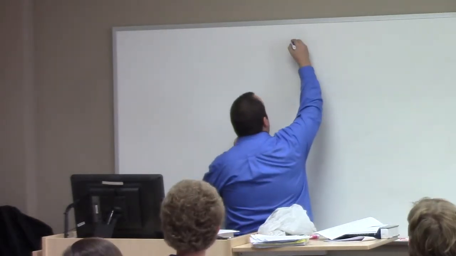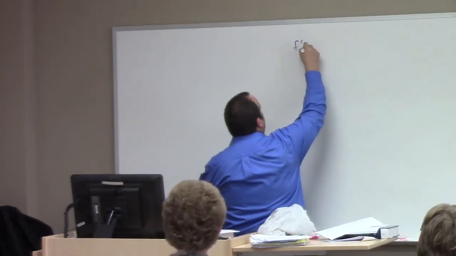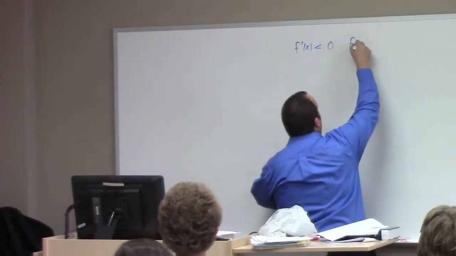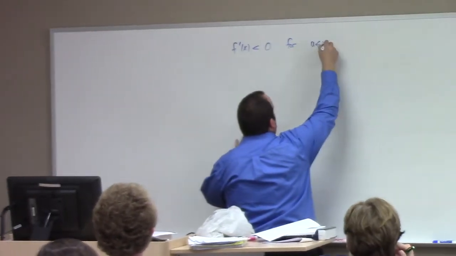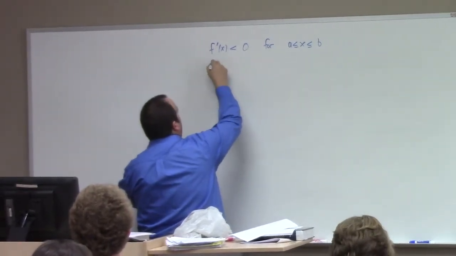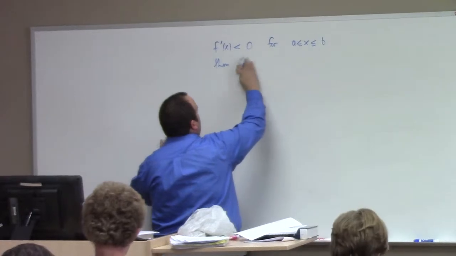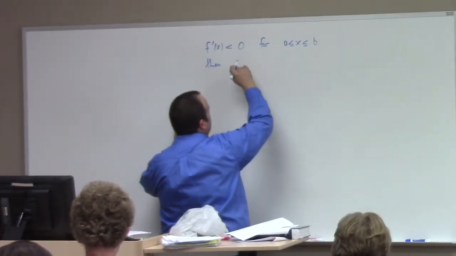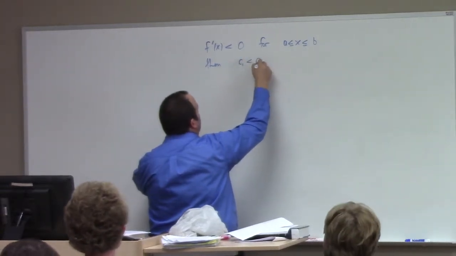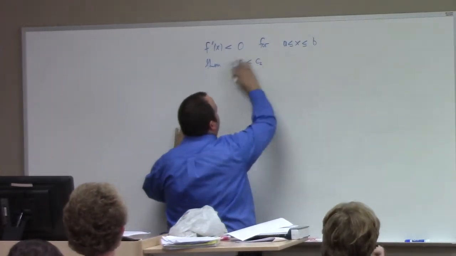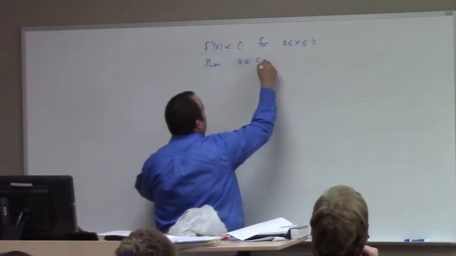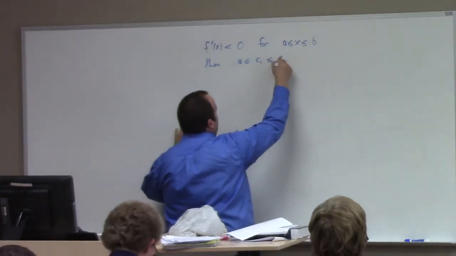So the basic idea is this, guys. If we have f prime of x is less than 0 for a less than or equal to x less than or equal to b, and suppose a less than or equal to c1 less than or equal to c2 less than or equal to b.